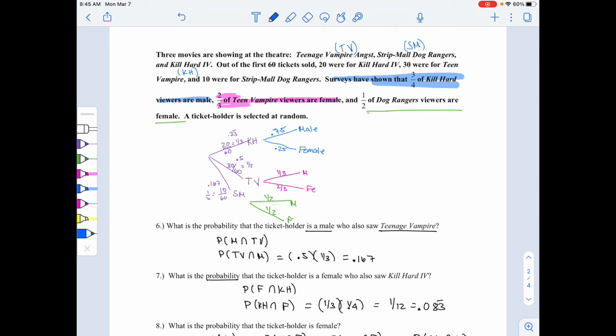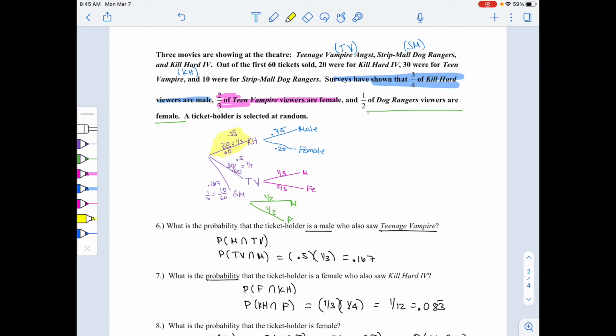All right, so we're looking at 60 tickets. Out of the first 60 tickets, 20 were for Kill Hard 4. So if you look down at my tree diagram, I have 20 out of the 60, which reduces to 1/3, or 0.33 repeating in decimals. 1/3 of them went to Kill Hard.